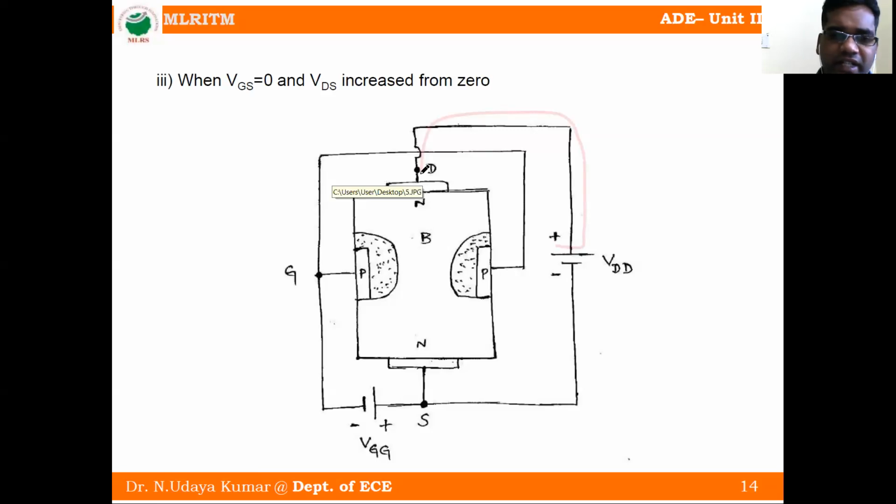Understood? This is N-type material, and here also N-type material. The negative terminal is connected to the N-type material, which has negative electrons. These electrons flow from source to drain. If electron movement is from source to drain, it means current flow is from drain to source.